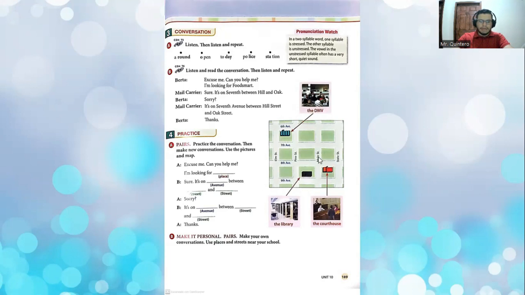Between Main Street and State Street. Sorry, it's on 8th Avenue, between Main Street and State Street. You're gonna complete them. Thanks.